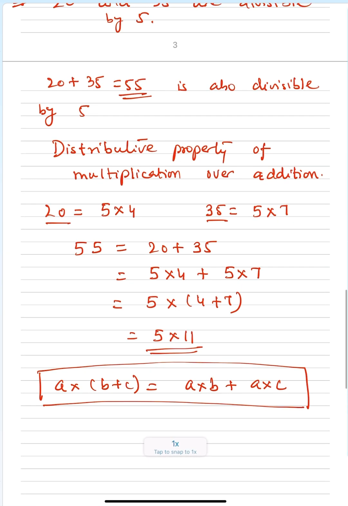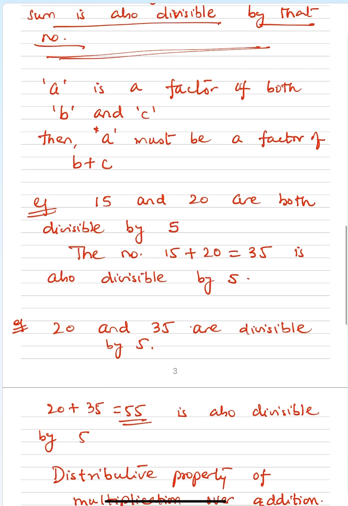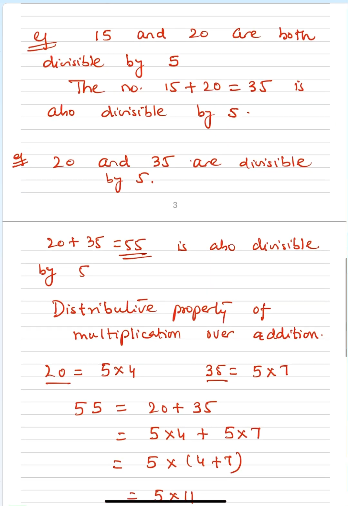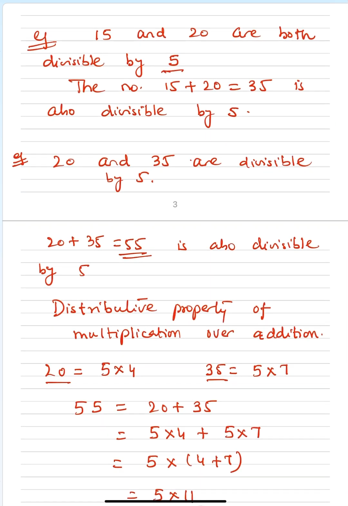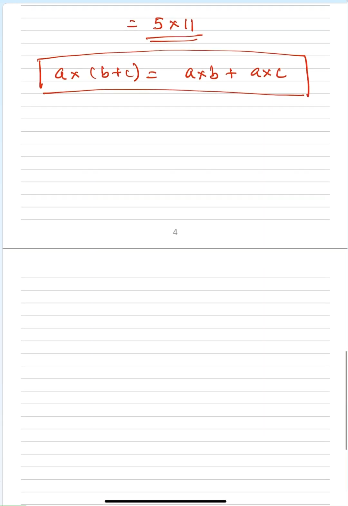Okay, now here also we did that 15 and 20 both are divisible by 5. Then 15 plus 20 is equal to 35. Let us solve that example. 15 is nothing but 5 into 3 and 20 is nothing but 5 into 4. Suppose I take 15 plus 20. What will I get?